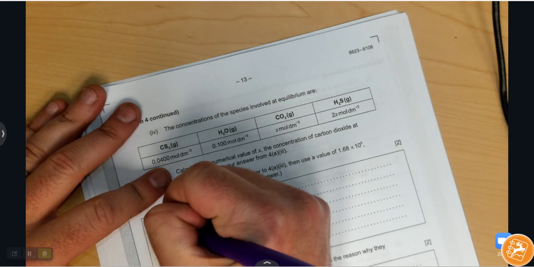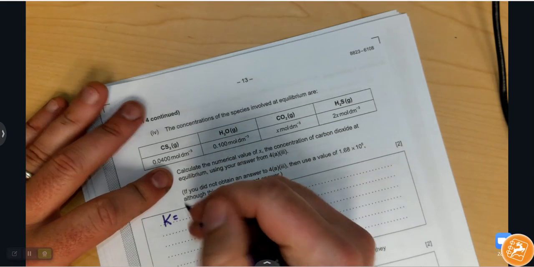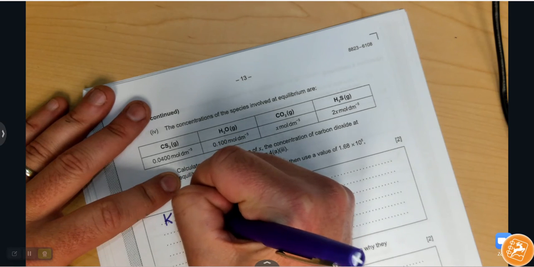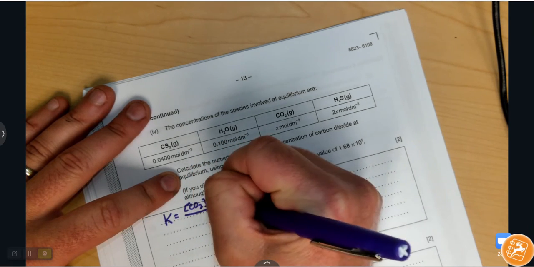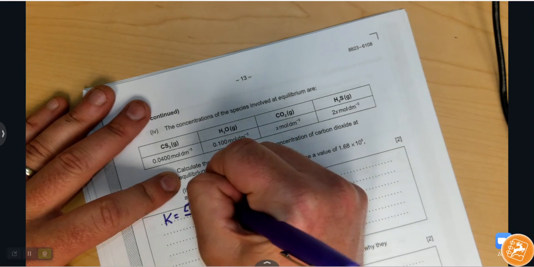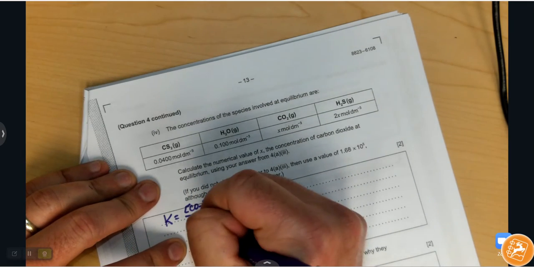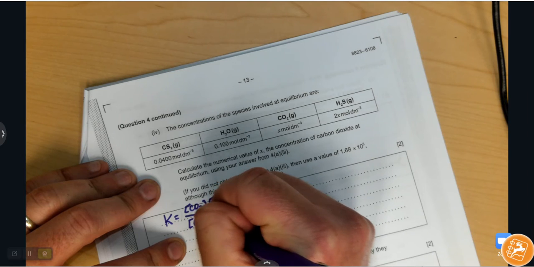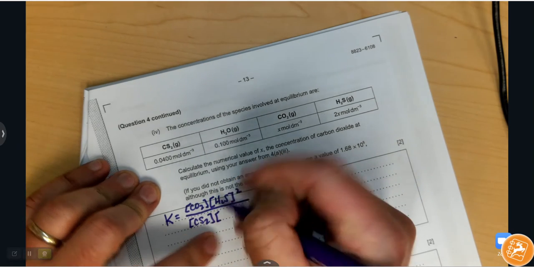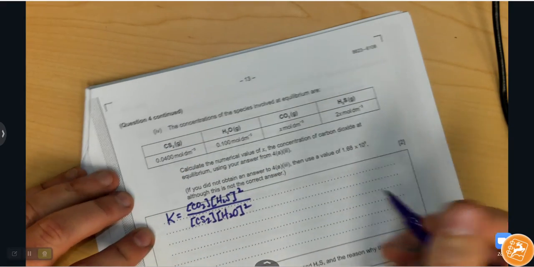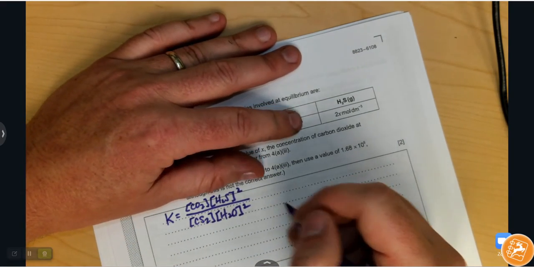So we can easily get our K expression. Our K expression will be concentration of CO2 times the concentration of H2S squared. Again, these are just coming from the equation. I'm not going to flip back to it. CS2 times H2O squared.